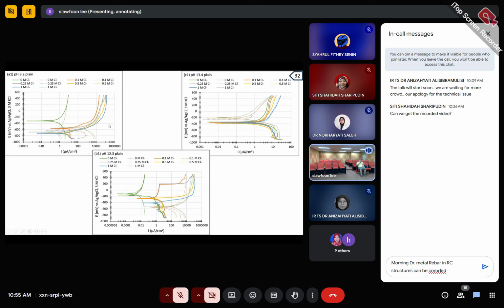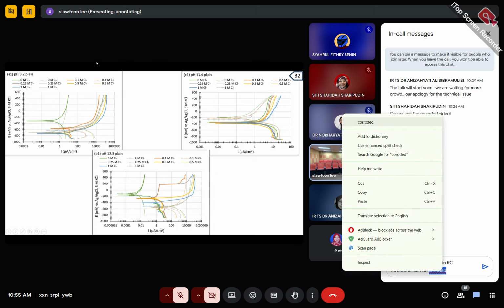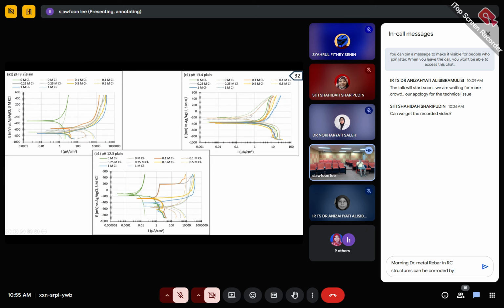Let us look at the graph of A1, pH 8.2, and follow one of the curves. For example, this is the green curve, which is 0 molar chloride ion, which means there's no chloride at pH 8.2.